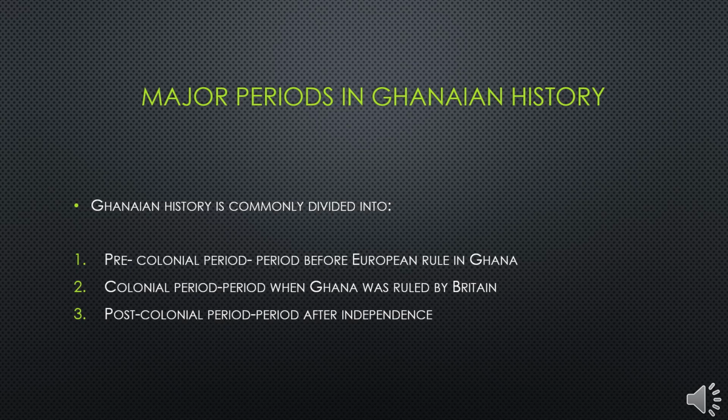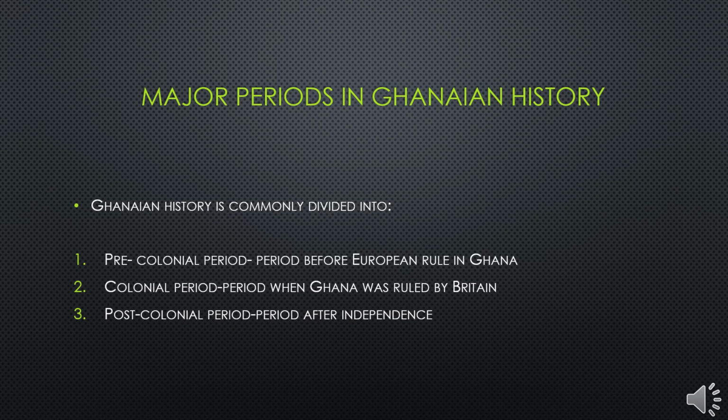The pre-colonial period, also known as the pre-colonization era, refers to the time before the advent of colonialism in Africa. In Ghana, this period was characterized by a rich and diverse history that spanned from the earliest times to the year 1874. It was in this year that the British declared the Gold Coast a crown colony, marking the beginning of colonial rule in the region.